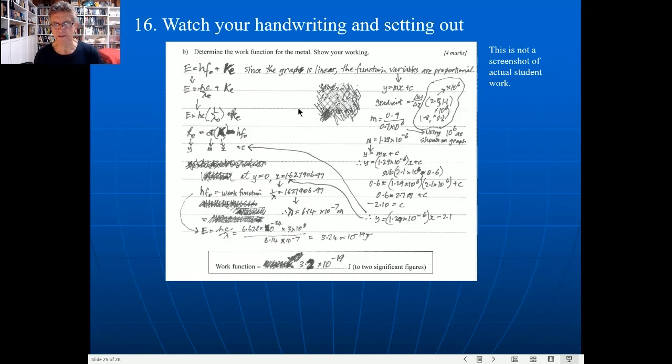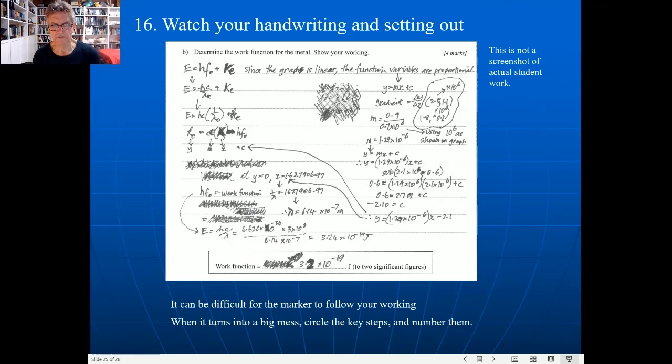But boy, that's a hard one to decipher. Things crossed out all over the place. So that's the sort of thing that just takes a bit of extra time for the markers to sort through. But we always go looking for it. It's not a problem. It just takes time.